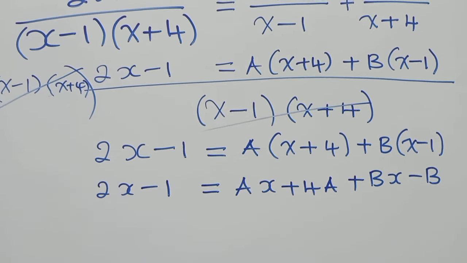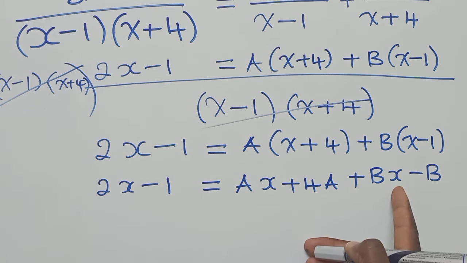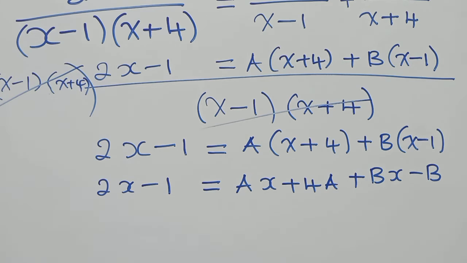The next thing here will be to check: we start with what has got x, and we move according to the degree of the variable. Here we have x power 1, here x power 1, and here it's x power 1.